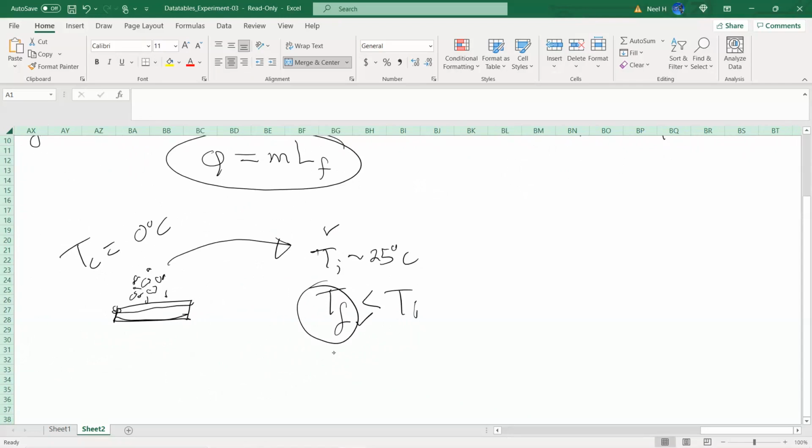One of the errors attached to this one is that when you bring the ice from the refrigerator and out, immediately the ice starts to melt. If you take a look at the ice piece, there is always a water layer around it. So when you transfer the ice into the calorimeter system, that water layer is also transferred, but we cannot do any calculation for that water layer. We don't know how much is there, and we cannot actually do anything about it.